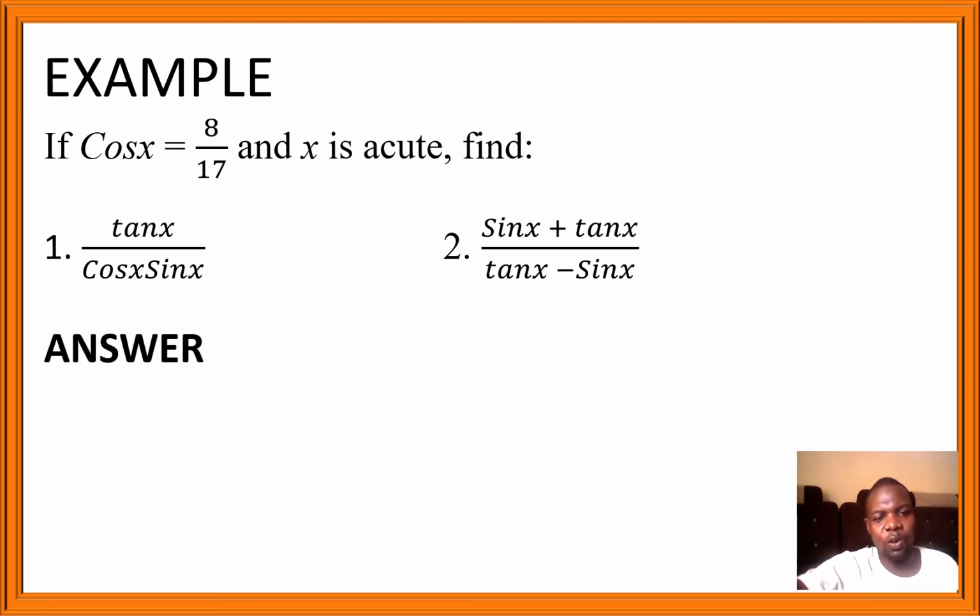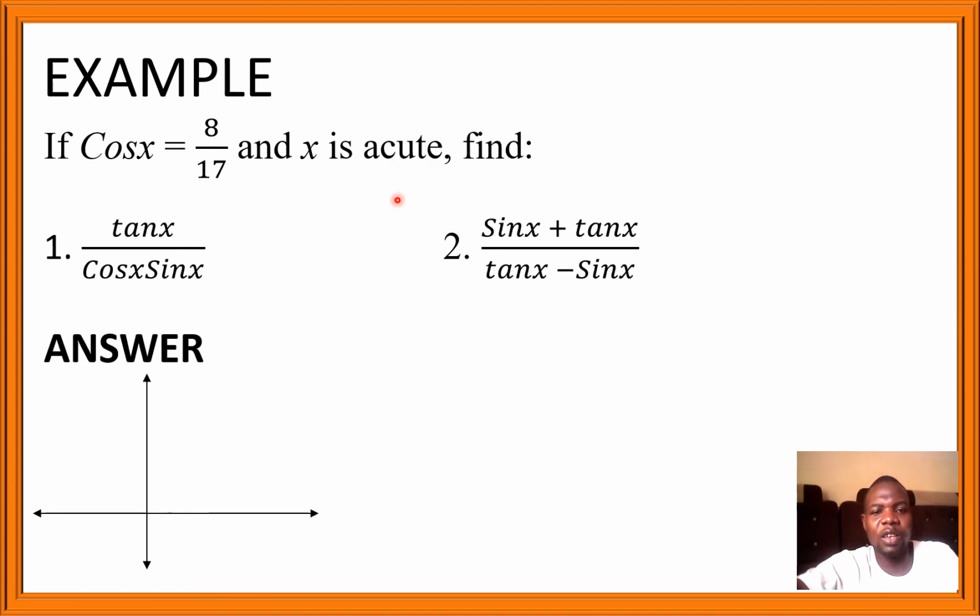Let's take example 1, representing the given ratio, which is the cos of x here. The cos of x is 8/17, and they said x is acute.